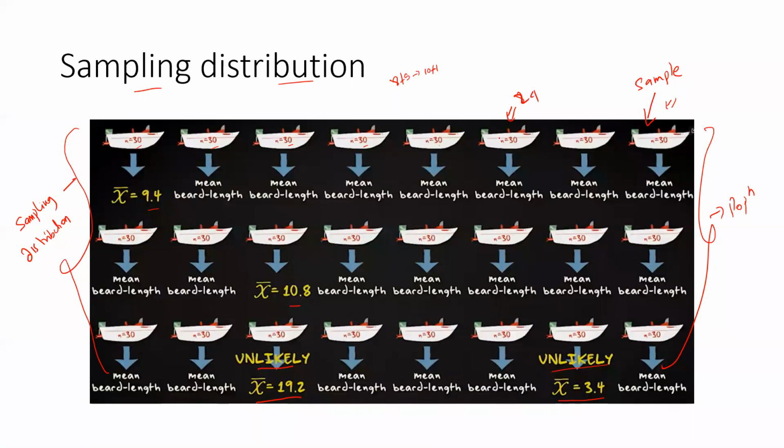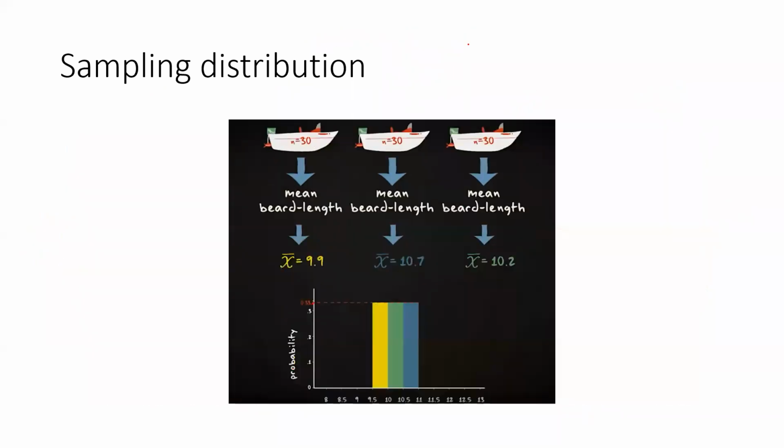Whatever mean we have for an individual sample, here the individual sample mean is 9.4, right? For the whole population, if we have an infinite number of samples, then the mean of one sample becomes equal to the mean of the whole sample. So it becomes like 4.5 something, 4.2.